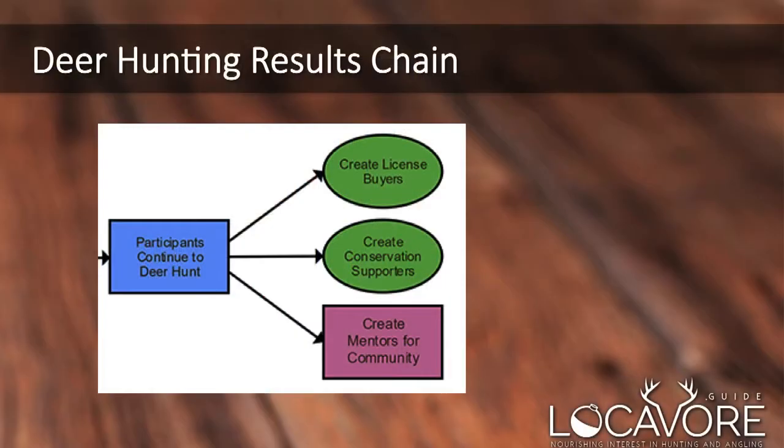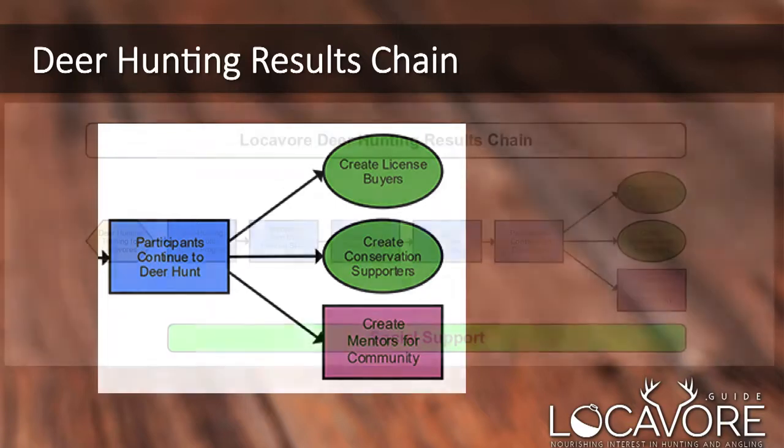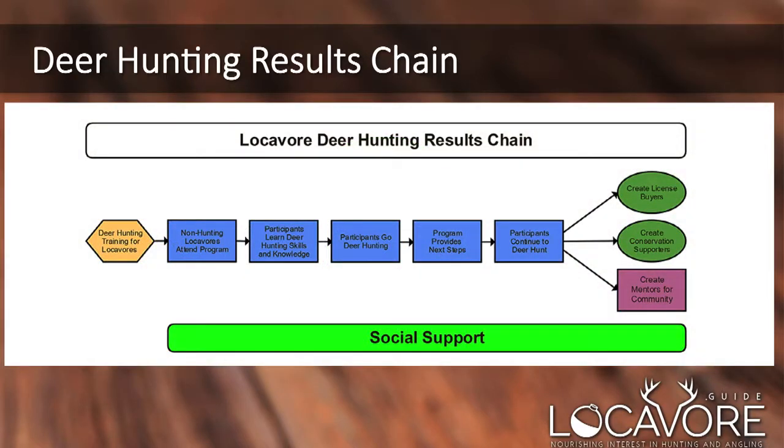They continue on in deer hunting, and then ultimately again, they become licensed hunters. They're interested in conservation, and again, if you're lucky, they'll mentor either people in their life or come back and help you. And once again, just like the fishing, even probably more than the fishing, we need that element of social support through this entire results chain.